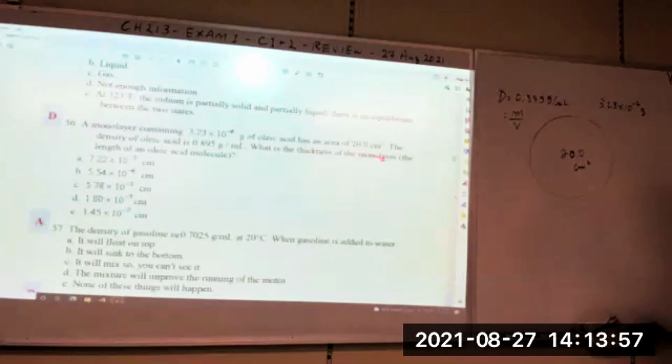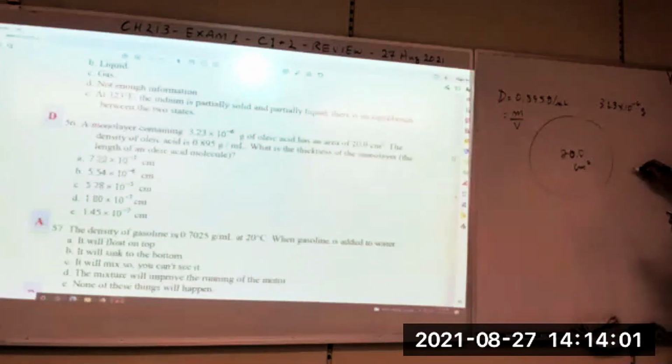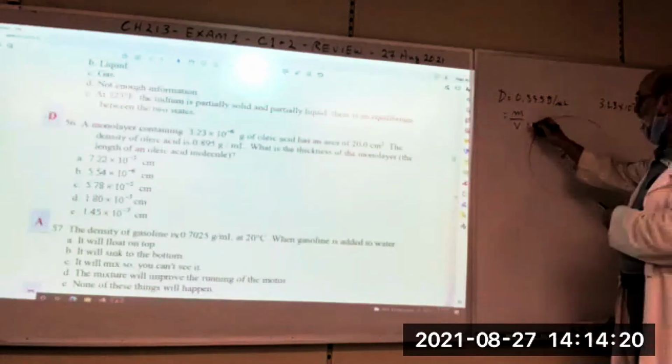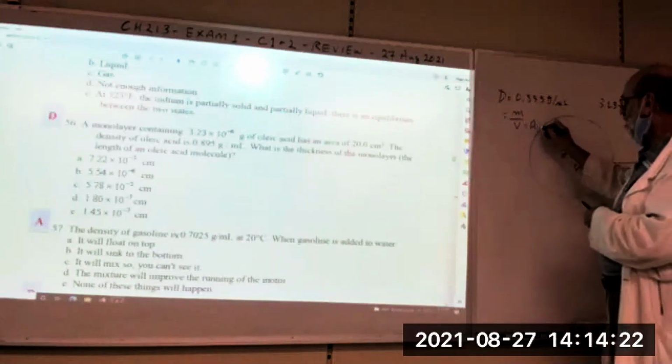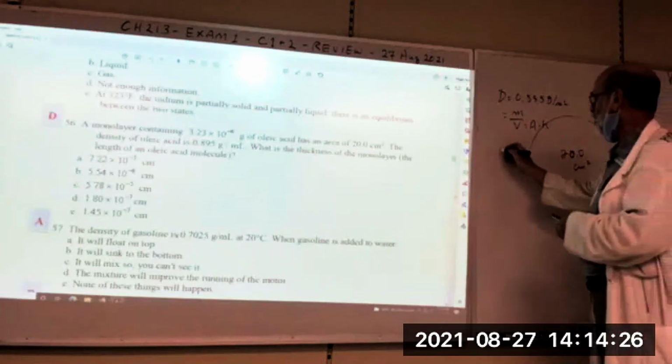The volume of this is what? If you turn this thing on its side, what is it? It's a very thin cylinder. And how do you find the volume of a cylinder? Area times height. Height is what we're looking for. So volume is actually area times height. So now we have a new formula.